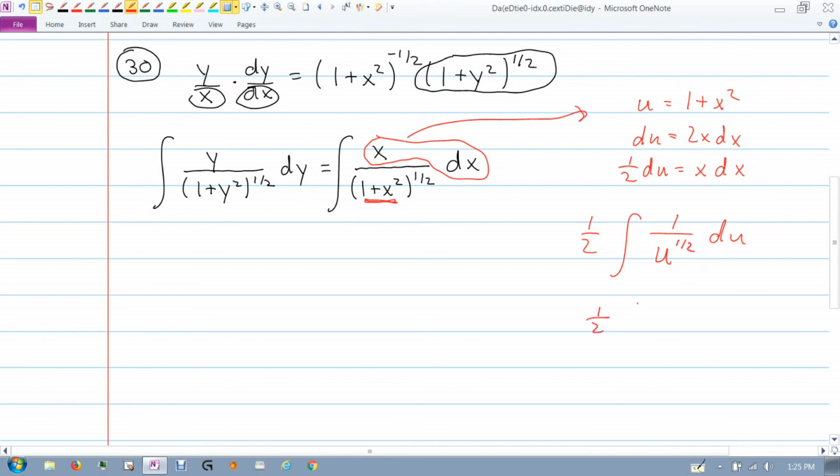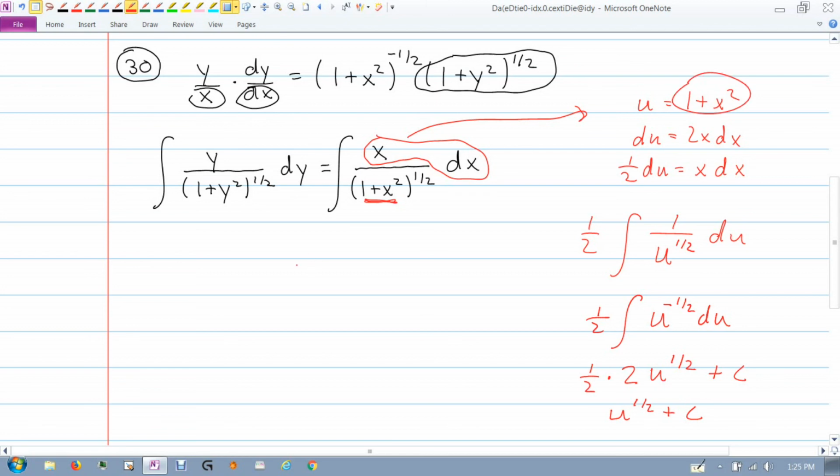And that's 1/2 integral of u to the negative 1/2 du. And the antiderivative of that is going to be 2u to the 1/2 plus a constant. So this is really just u to the 1/2 plus a constant. So remember, u is this.